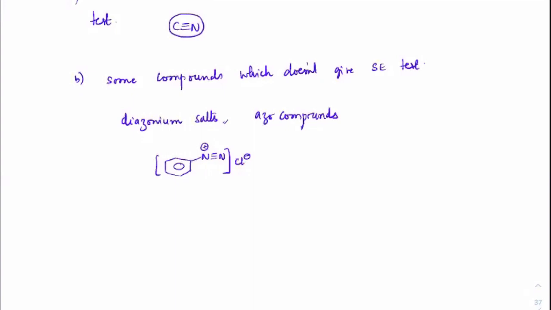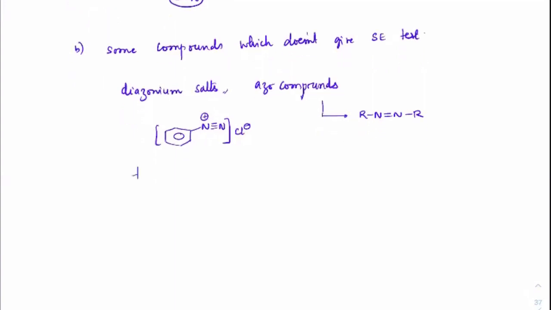The same happens with azo compounds, R-N=N-R. This will also immediately break and form N2 molecule and escape out. They liberate N2 gas on heating and do not give sodium extract. So the entire nitrogen is lost there, and we cannot detect the presence of nitrogen.